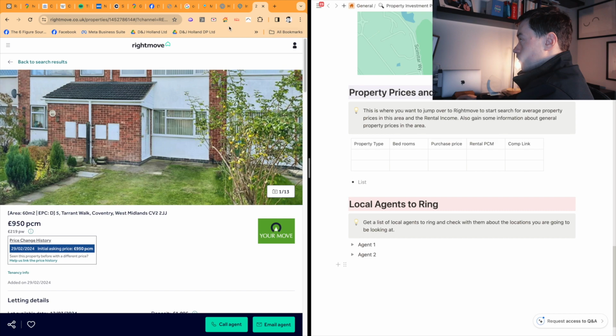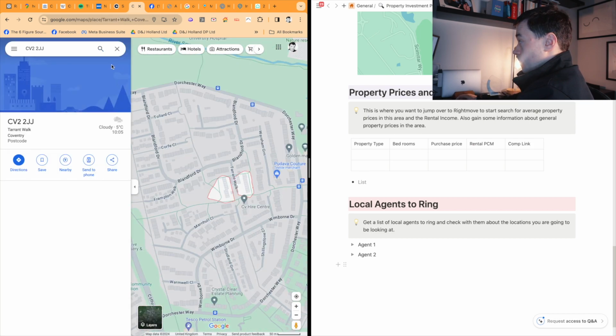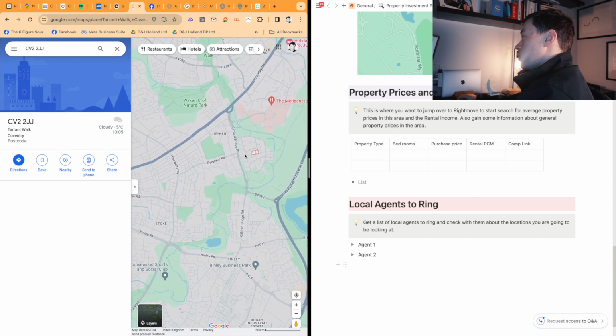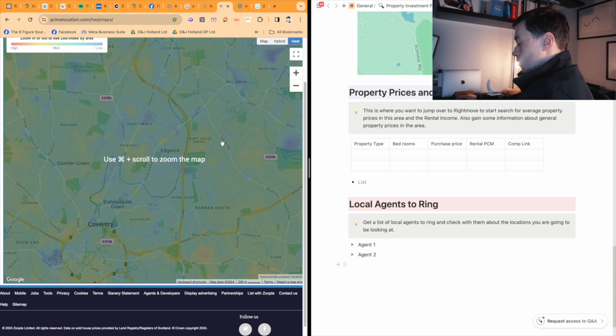Tarrant Walk. Right, let's find out where that is. CV2JJ. Let's get onto the maps. Okay, Tarrant Walk. So that is University Hospital. Just trying to work out where this is in relation to this.